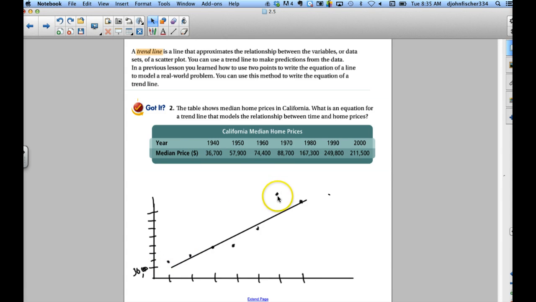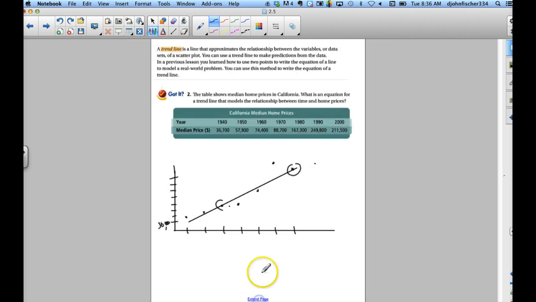That one, this one's a little bit out of range because it's so far away. Now this one's not too bad a trend line. So what I'm going to do here, because I got a couple points below and a couple points above, I'm going to use this point and this point to do my equation. So the 2 points I'm going to use are right here and the one at 1960 right here.